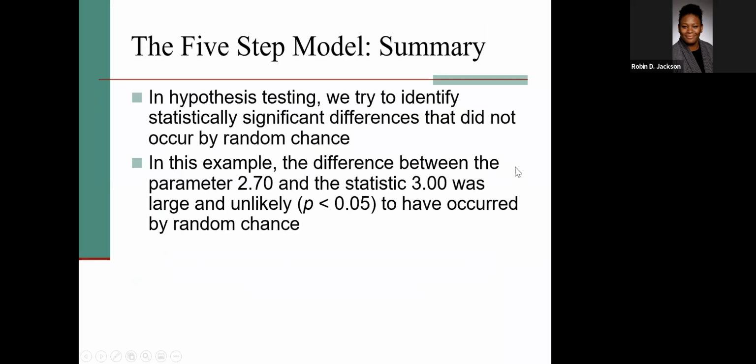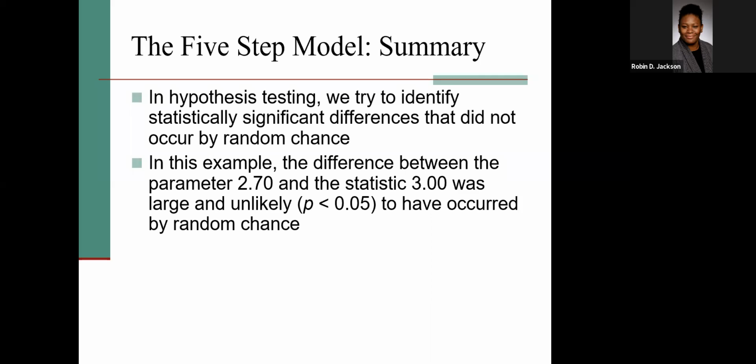All right, so this is just kind of a summary. Basically what we're trying to do is identify statistically significant differences that are not due to chance, that there's something really going on with the sample, that whatever we said was the hypothesis, the test demonstrates that our hypothesis was correct, okay?